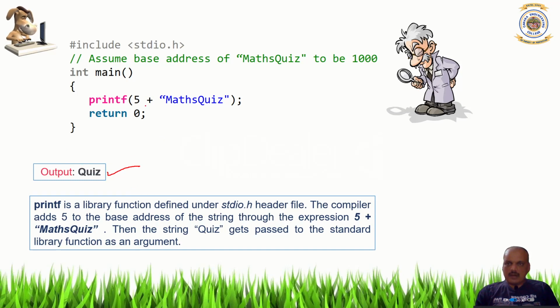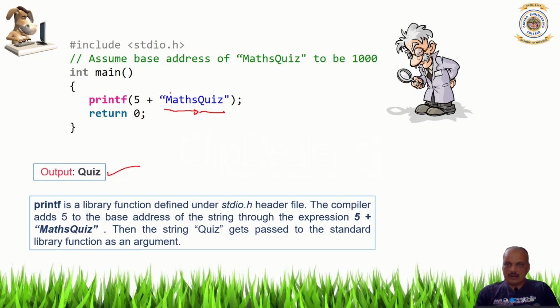What it does is very similar to what we had seen in one of my previous codes. This 5 acts as an offset for this particular string or character array. The printf command offsets itself from the base address by a value 5 and then prints the rest of the characters in the string.